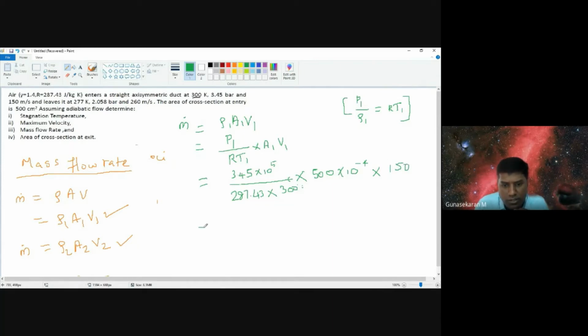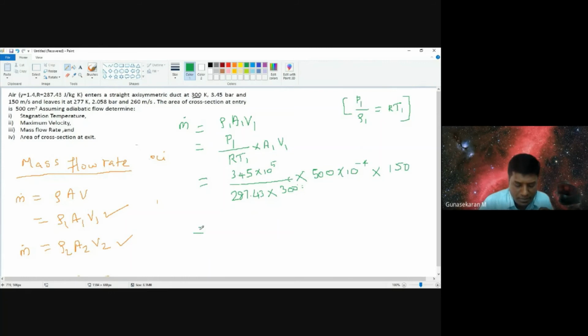Now we have to calculate. By doing the calculation, the whole divided by 287.43 into 300, into 500 and into 150, the value is 30.007.